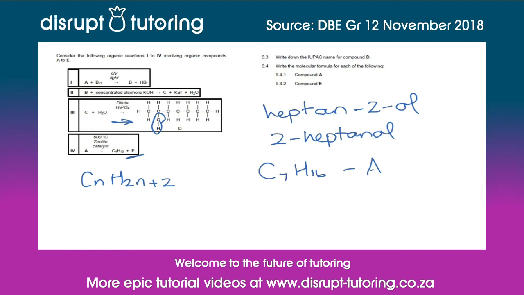So that means that E is made up of the leftover carbon and hydrogen atoms, since nothing else is added to product A, it is just broken apart. And since the molecular formula of A is C7H16, we can subtract C4H10 to find the molecular formula of E, and that gives us C3H6 as the molecular formula for substance E.